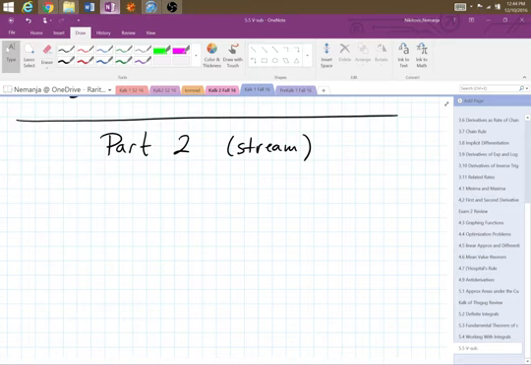Definite integrals are those that have limits, lower limit, upper limit, and you compute with the fundamental theorem of calculus part 1.